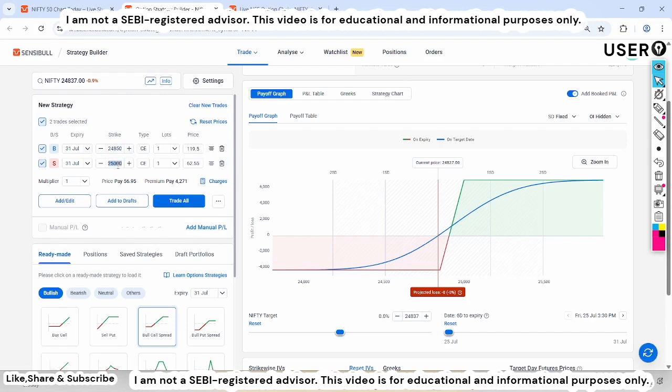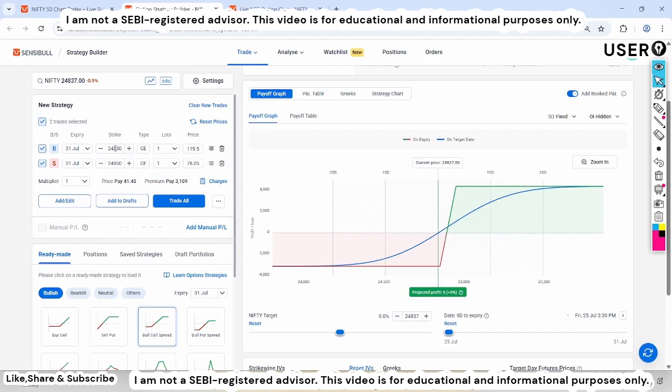Initially they have taken a 200 difference, now you can take 100. If you are a beginner, I suggest going for only a 100 point difference between the legs.